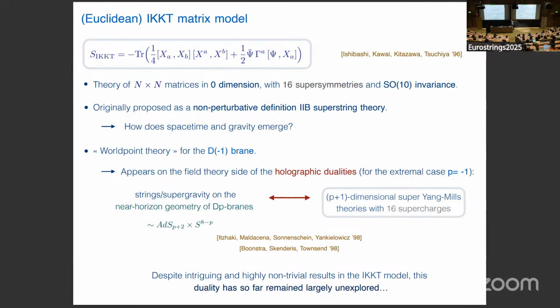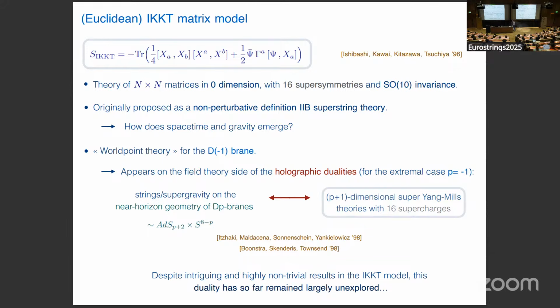And of course, this begs the question of how space-time and gravity can emerge from a series of pure matrices. So in this talk, I would like to take a modern perspective on the question, which relies on the fact that this matrix model actually arises in the context of holographic dualities.